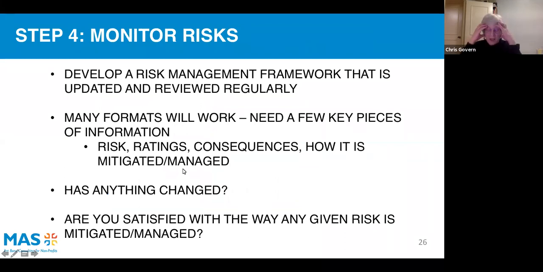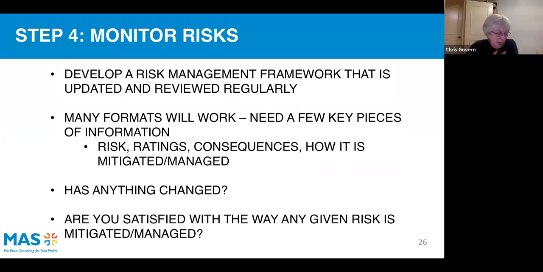So now I've got all this stuff, okay? I've identified my risks. I've got likelihood rating, impact rating. I've got consequences. How do I pull all this together and see this picture and know whether I'm making rational decisions around this?